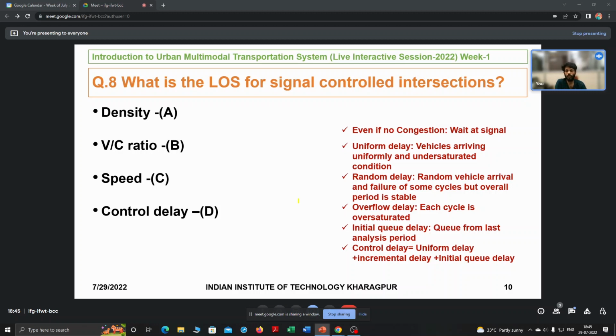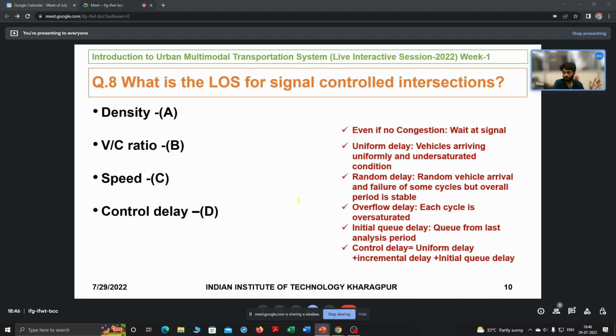And obviously the assumption is that an undersaturated condition exists. So in that 1 hour, whatever the vehicles are arriving at that intersection and whatever the capacity of that intersection is, the capacity will be way higher than the demand. So easily the intersection can handle those vehicles which are passing through the road, right?